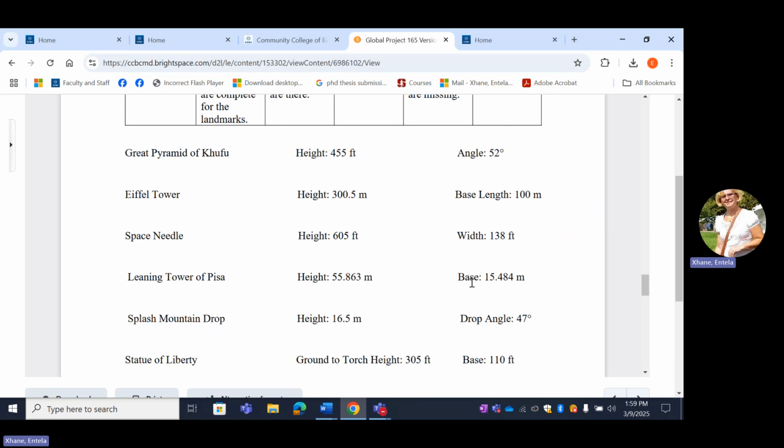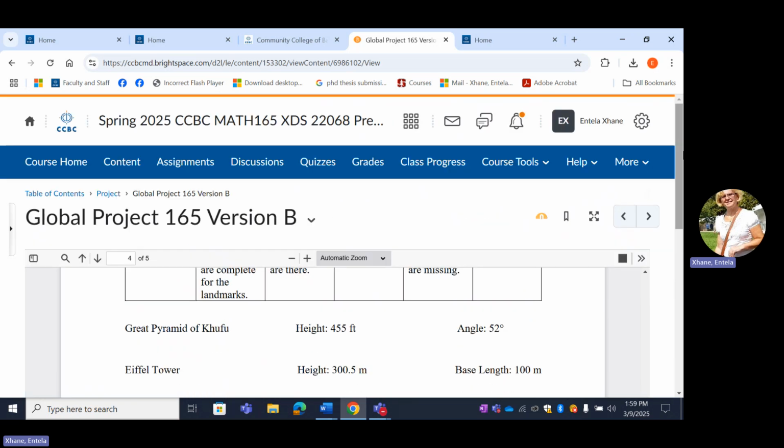And then you have to compute the elements that the project is asking you to compute. So now let's go back to the information that is needed.